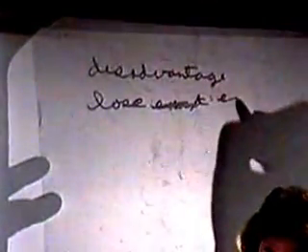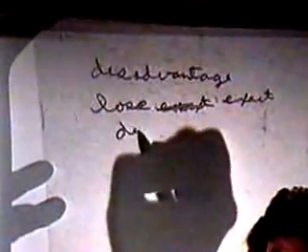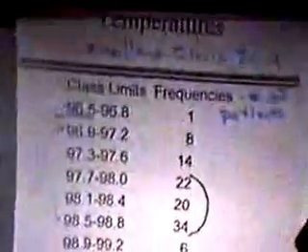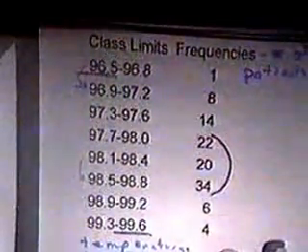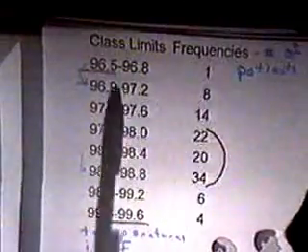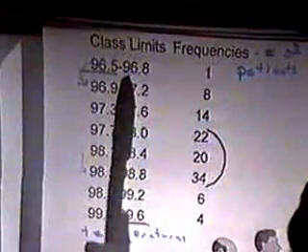But the main disadvantage of a frequency distribution is that you lose the exact data. When you have the numbers, you knew the exact numbers. But when I then give you a frequency distribution, all you know is that one temperature was between 96.5 and 96.8.